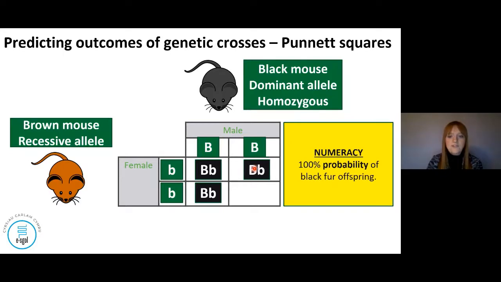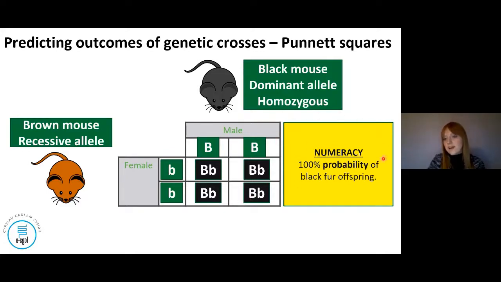Sorry, I went too far. This one, and then this one and this one. So we cross them. We're saying egg and sperm are meeting together to create offspring. So in this case, all of their potential offspring are going to have black fur, because they've inherited the dominant allele.